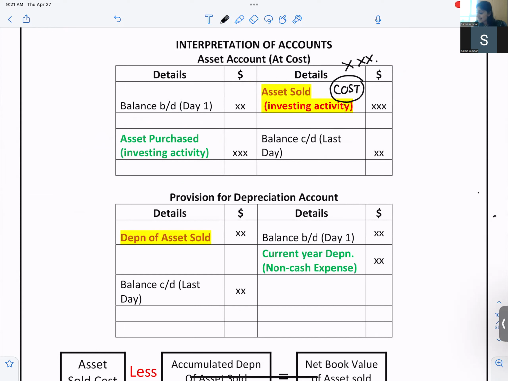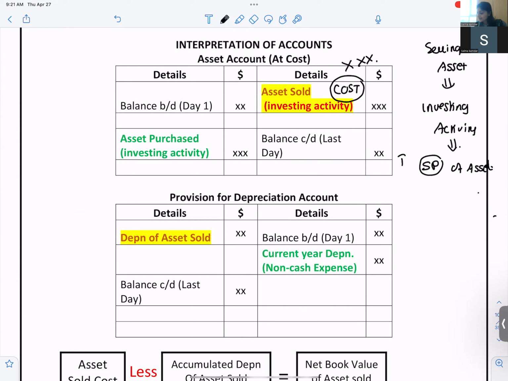If you are selling an asset, it is an investing activity, but the thing that you will consider as the investing activity is only the selling price of the asset.